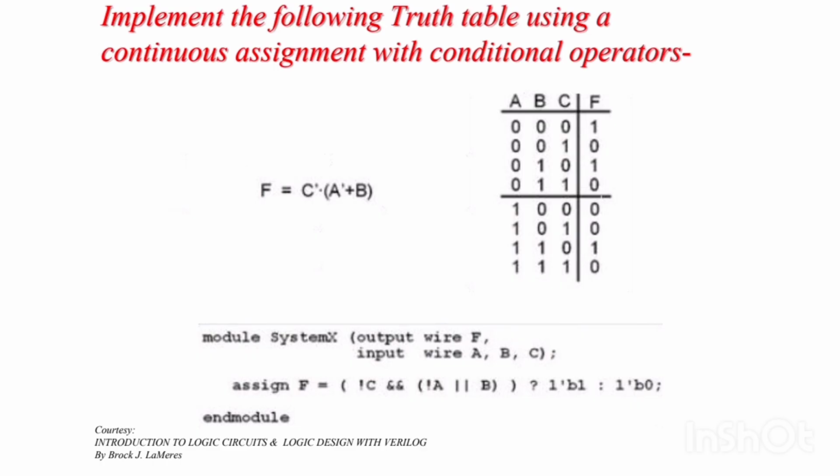So it is assign, then we are going to check whether this c complement within bracket a complement plus b, if that value is 1, then the output will be 1, otherwise it is 0. So the ternary operator is used in this particular equation. You will be able to find it over there, and upon execution, if it is correct, then it will be 1, otherwise it's 0.